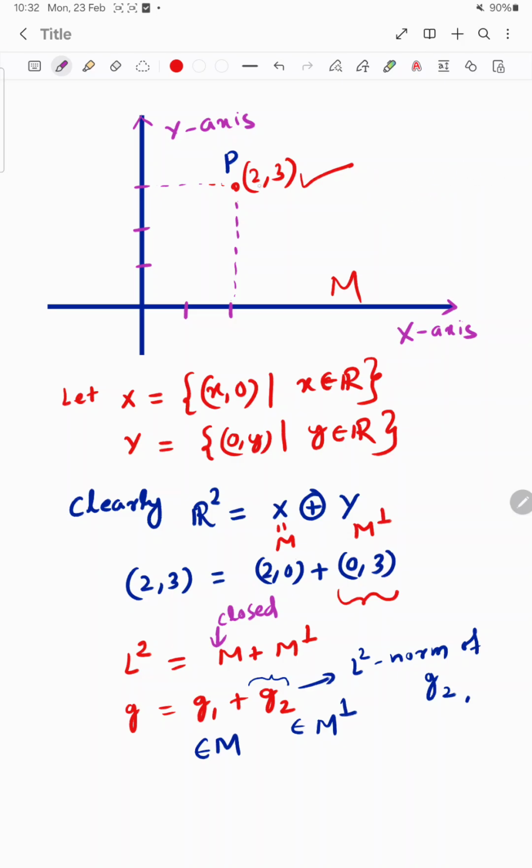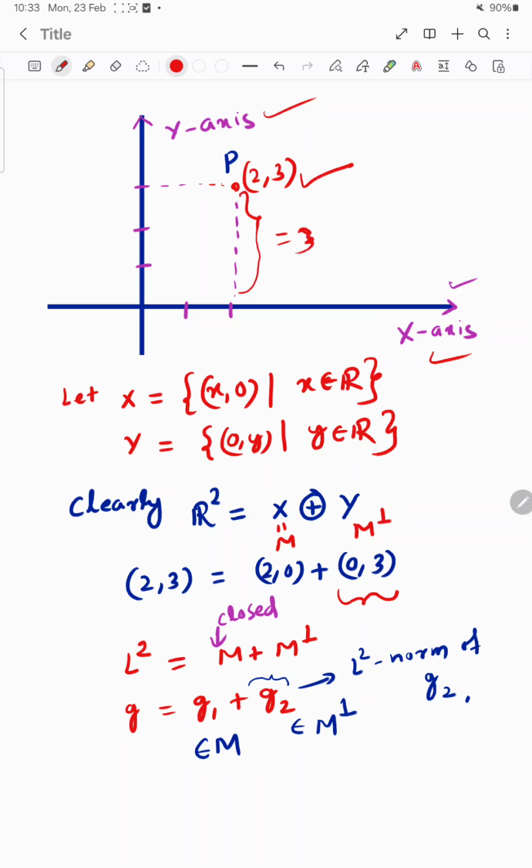P is the ordered pair (2, 3), and let us calculate the distance of the point P from the set x-axis. This is the x-axis and this is the y-axis. Suppose the question is to calculate the distance of P from the x-axis. This distance is nothing but this length, and it is equal to 3.